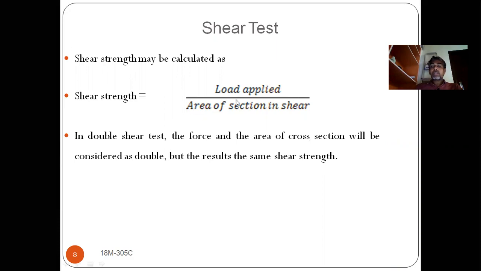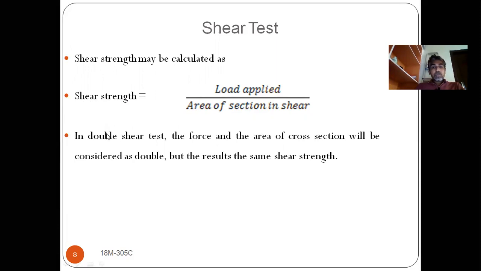So first we should understand how to find out the shear strength. What is the formula for that? Generally we know that strength is load per unit area of cross section. Here also, shear strength is equal to load applied by area of cross section in shear. So how much area is in shear, that will be considered to calculate the shear strength.